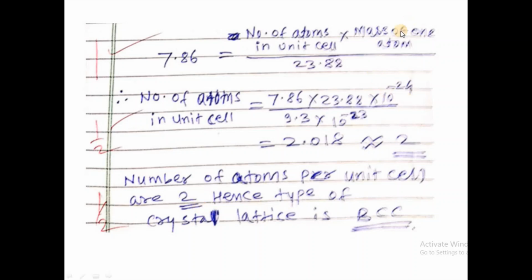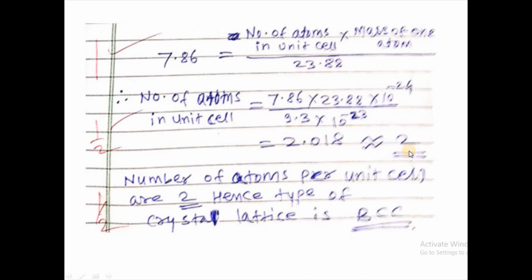We have calculated the mass of one atom, it is 9.3 into 10 raised to minus 23. We rearrange for the number of atoms in unit cell, and if we calculate these things, we will get 2.018.